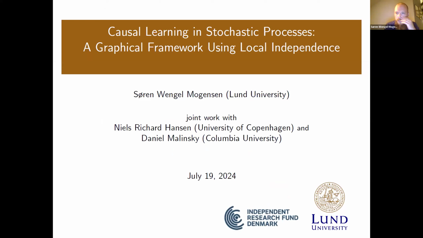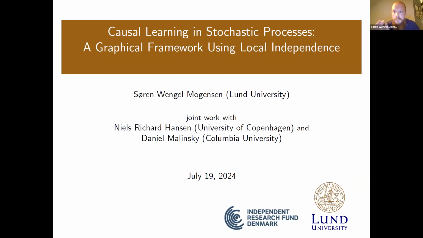So I will also talk about how to learn graphs, but in this case, the graph will represent a multivariate stochastic process. So in Elina's talk, each node would represent a random variable, but in my talk, each node represents one stochastic process, one coordinate process in a multivariate stochastic process.